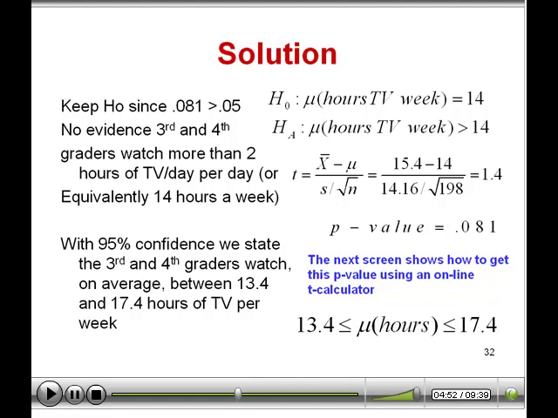Since 14, the number in the null hypothesis, falls within this confidence interval, it is reasonable that we decided not to reject the null hypothesis. It is possible that children in 3rd and 4th grade watch, on average, 14 hours of TV per week.